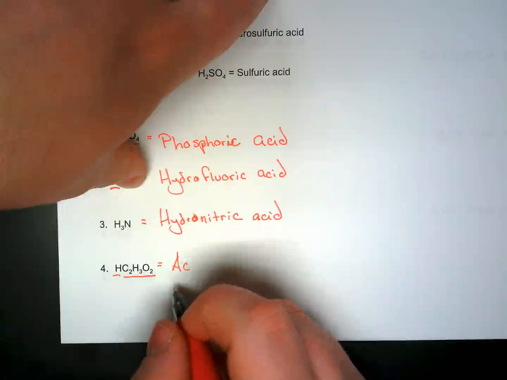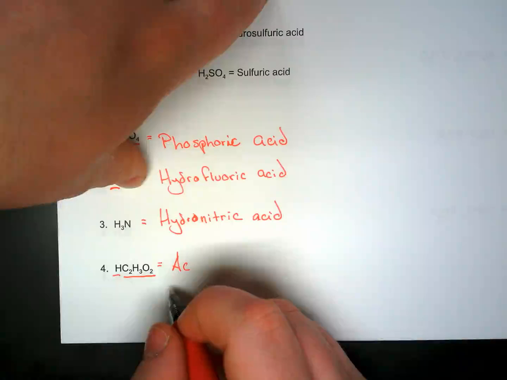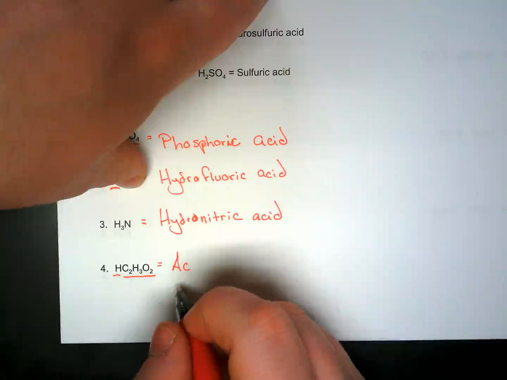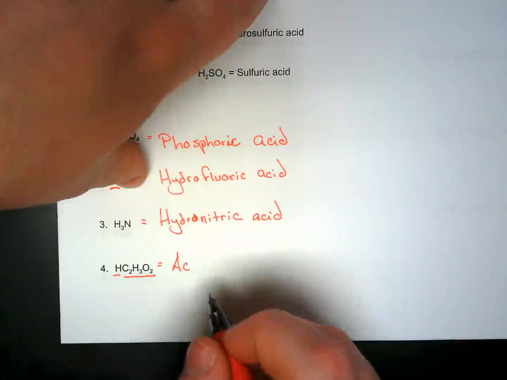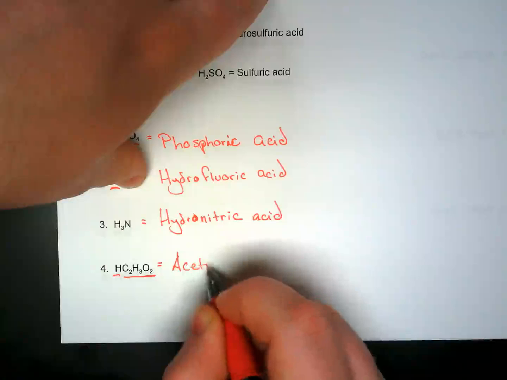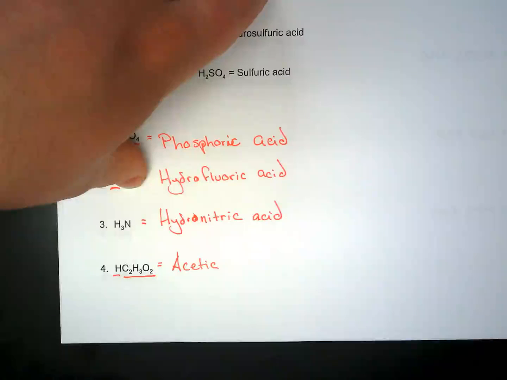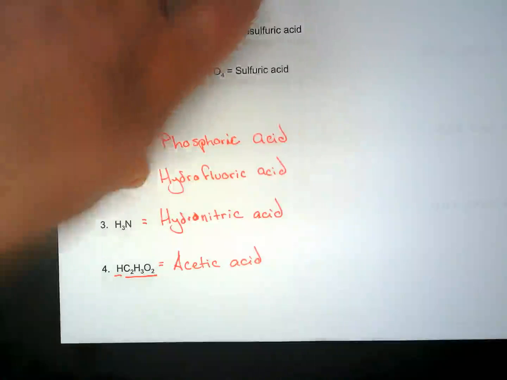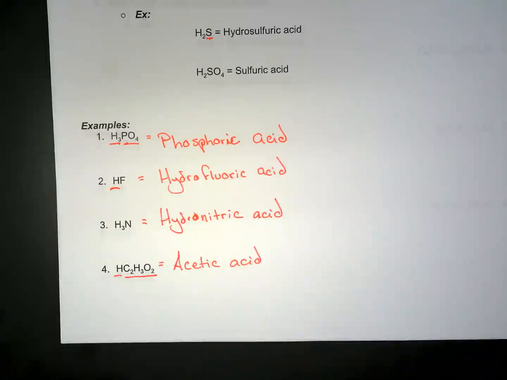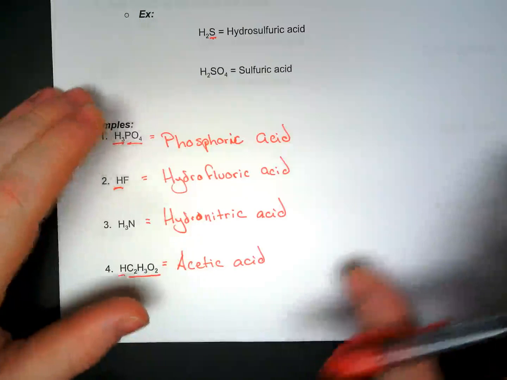Where would I replace what would I replace the IC with? Well, we wouldn't just keep acetate and add IC. That'd be acetaic acid. That doesn't sound right. How about we just replace the ATE with IC? Acetic, and add our acid at the end. Easy enough, relatively speaking.